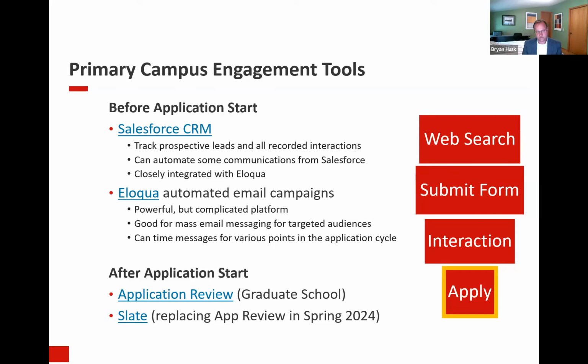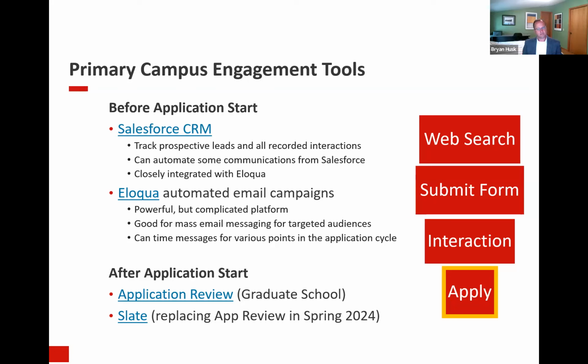The Division of Continuing Studies and Professional Degrees and Certificates manages the Salesforce installation that I use. That is also tied to Eloqua. They were the first folks to do the proposal to get Salesforce and Eloqua on campus, if I'm not mistaken.